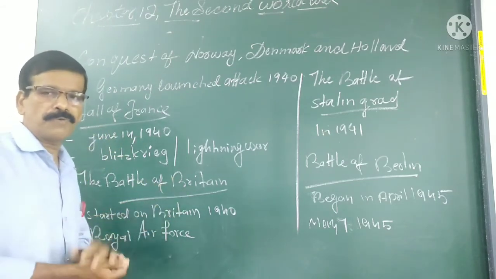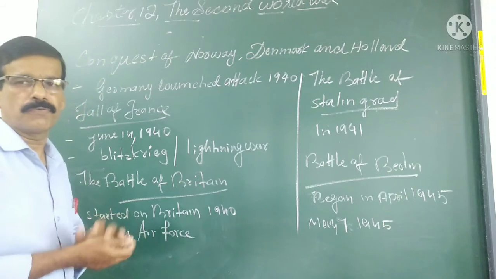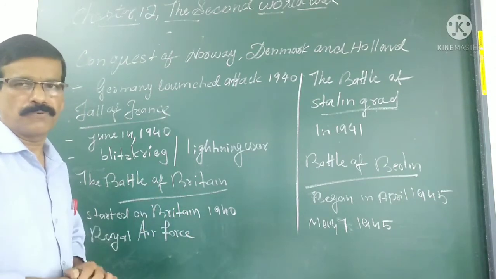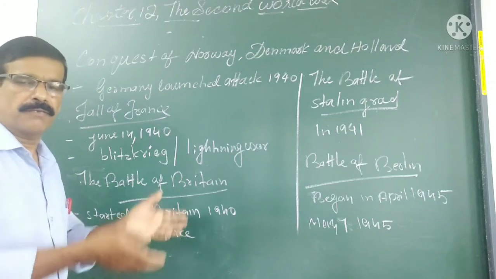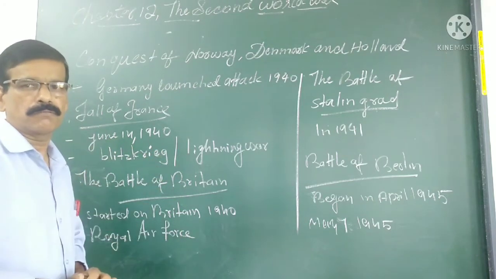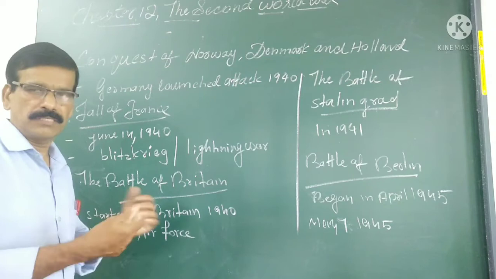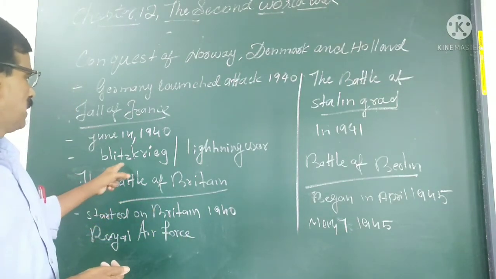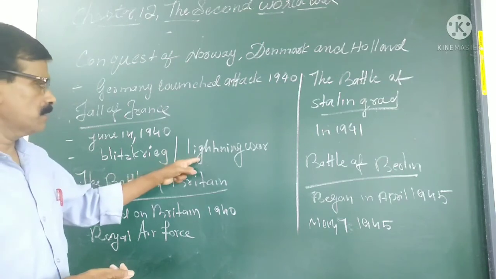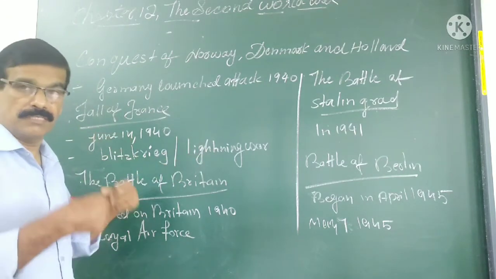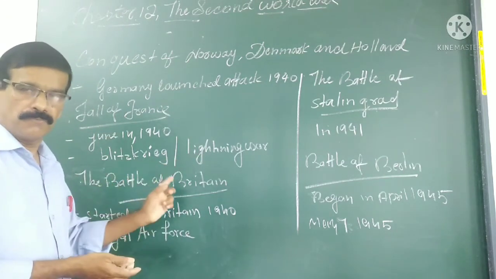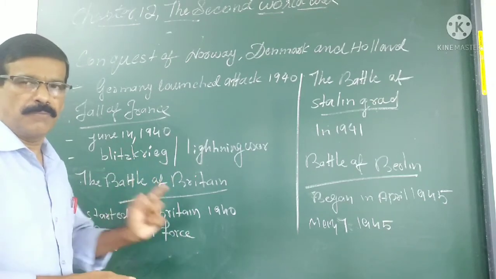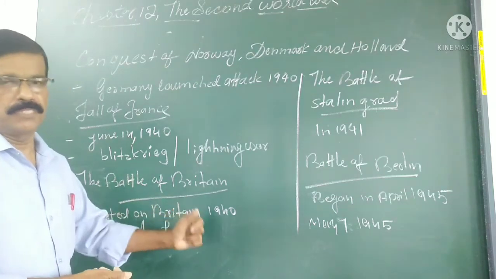Within a short period of time, the capital of France, Paris, came under the hands of the German force. This attack on France was done with such speed and force that it is known as Blitzkrieg, or lightning war. That is why France fell to Germany.